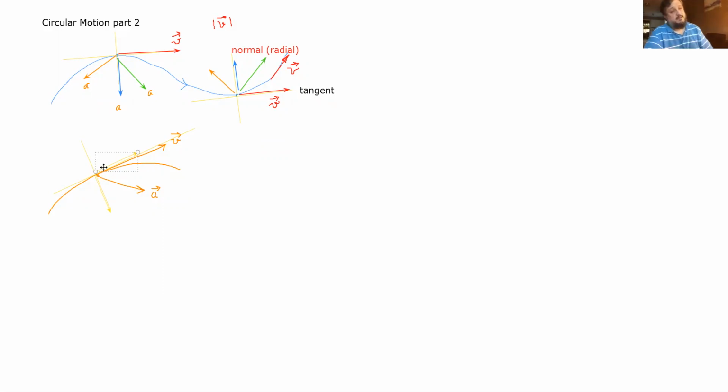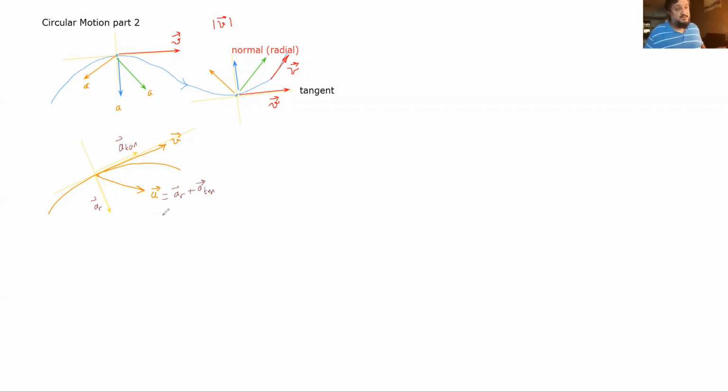I hope you can see those colors. Anyways, so I could write A in terms of the tangential and radial components. A will be equal to A_R plus A_T.